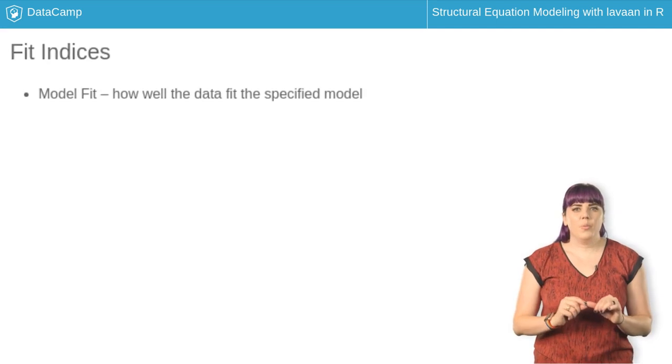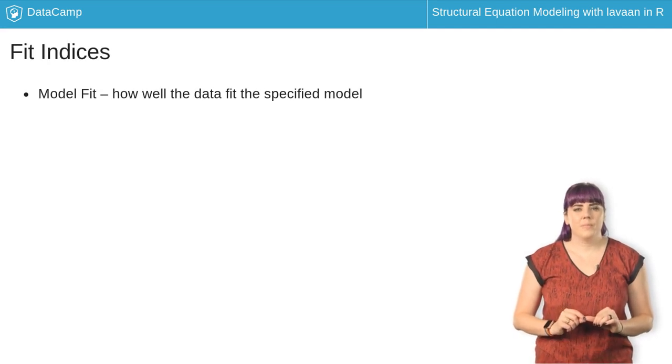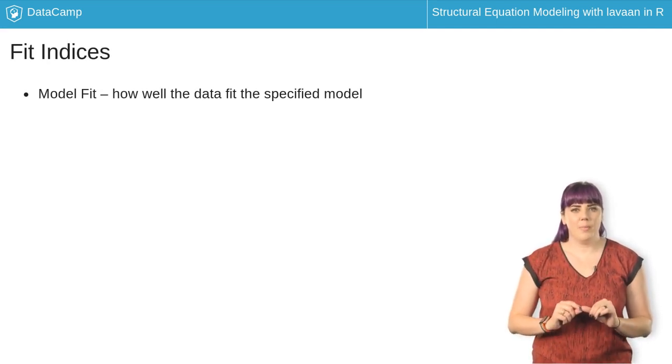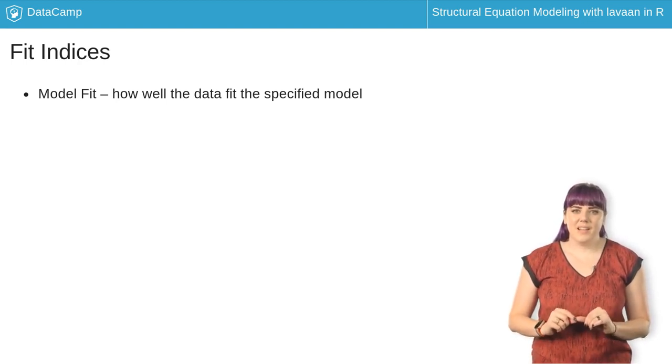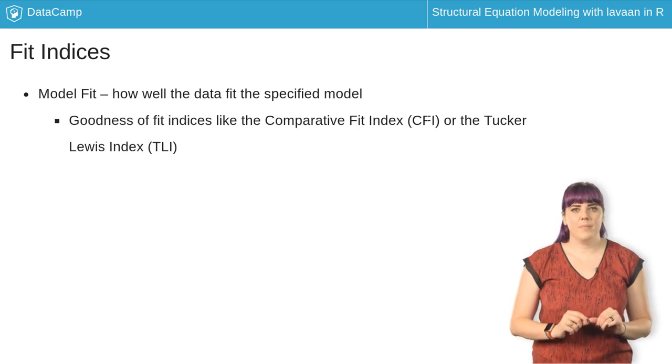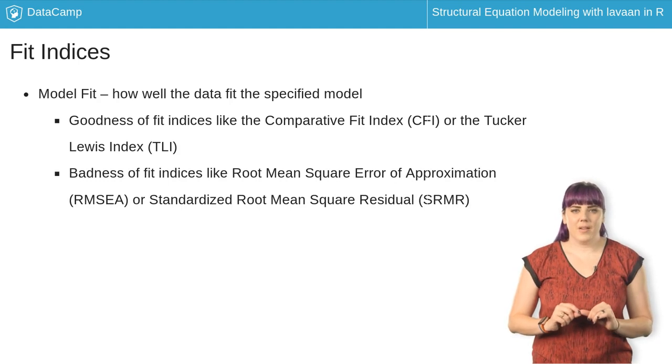After the loadings, we can explore the model fit, which indicates how well the model and the data match. We can use goodness of fit statistics like the TLI or CFI, or badness of fit statistics like the RMSEA or SRMR to help determine if our model is good.